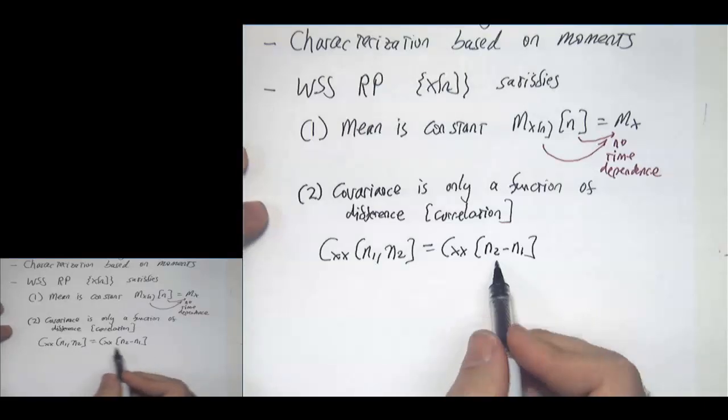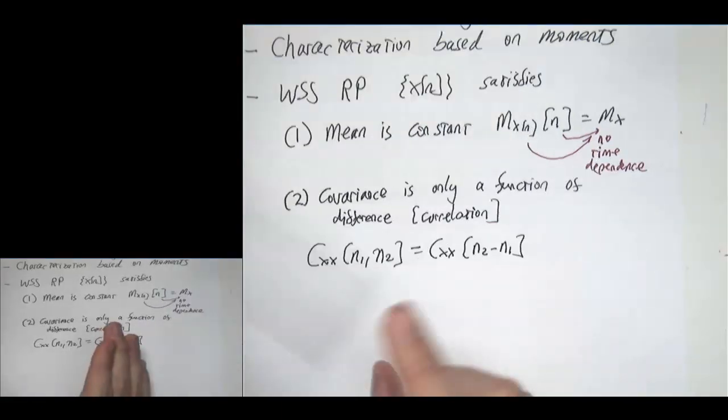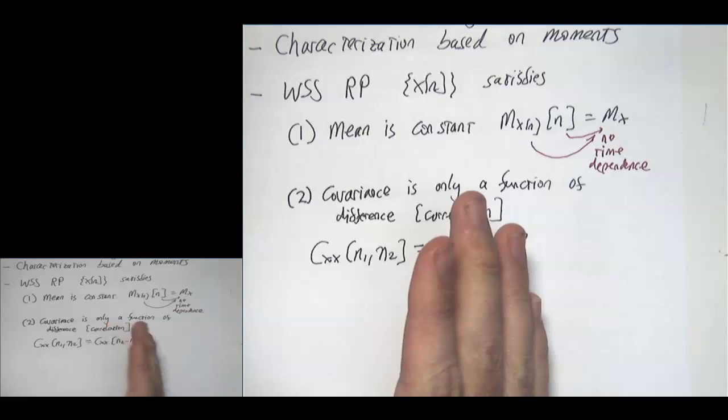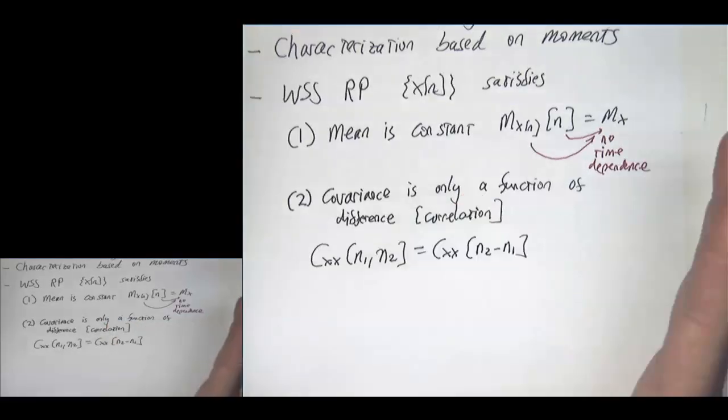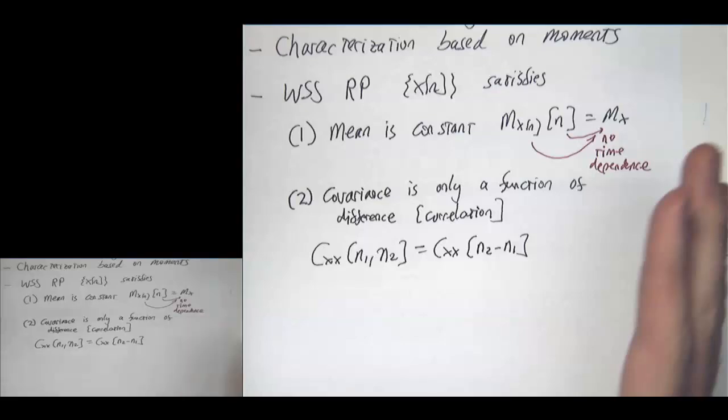So the intuition here is that the characteristics of the random process, if you're looking at time n1 and n2, it only matters how far apart n1 and n2 are. It doesn't matter where you look.